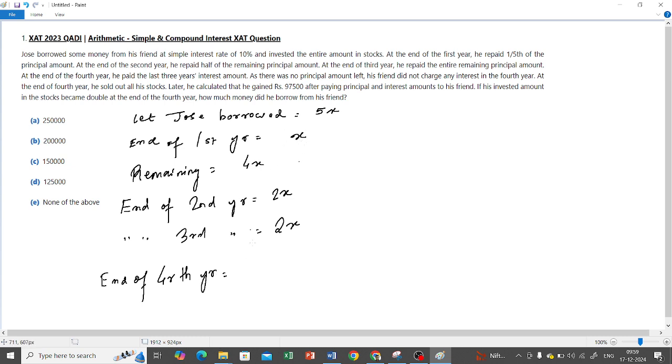He paid x. So P is x, what is the rate? 0.1. PRT by 100, because this is the interest that this principal will have at the end of the fourth year.